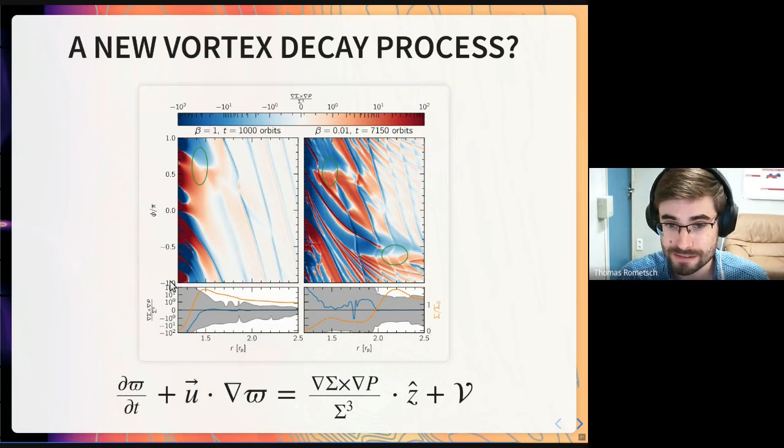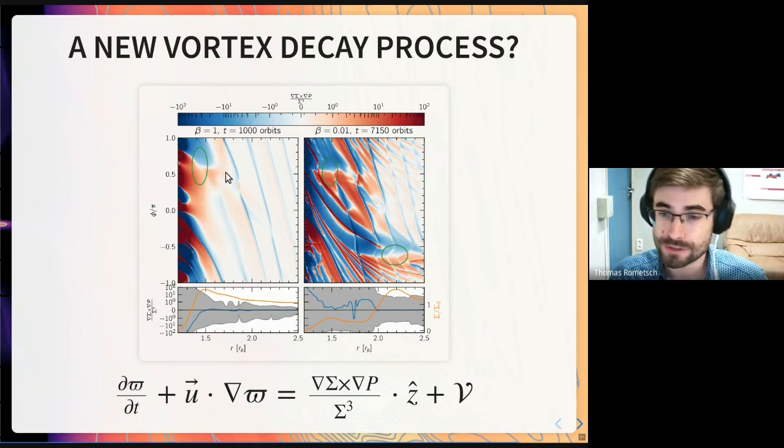That's radius, that's azimuth, and the vortices here are marked with a green line. You really see this dipole structure here. That's what you expect just from estimating that analytically. But you also see that the planetary spiral arms really have a big influence here, and this structure becomes very messy.